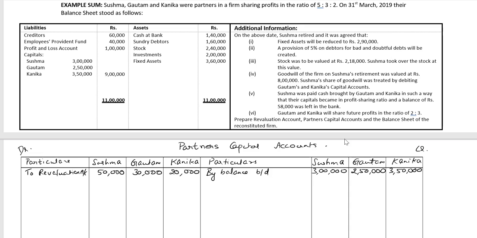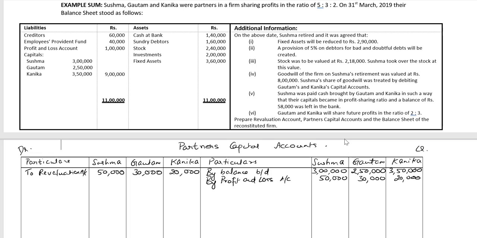There are no reserves. There is an accumulated profit balance of rupees 1 lakh in the liability side of the balance sheet. We'll distribute that by profit and loss account. Rupees 1 lakh to be distributed in OPSR 5:3:2. 50,000 rupees for Sushma, 30,000 rupees in the case of Gautam, and 20,000 rupees in the case of Kanika.